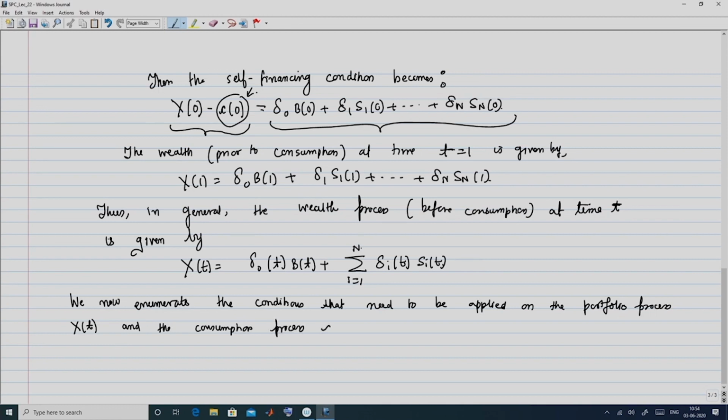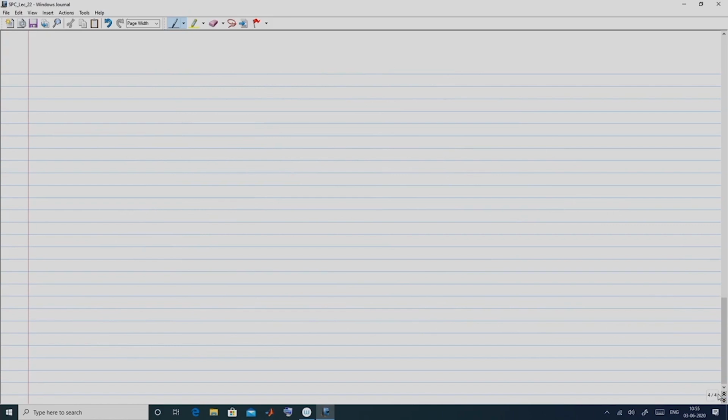So, remember the consumption is also a process, you can consume at a generic time t, and these conditions are driven by both mathematical and economic considerations. So, let us enumerate these conditions.